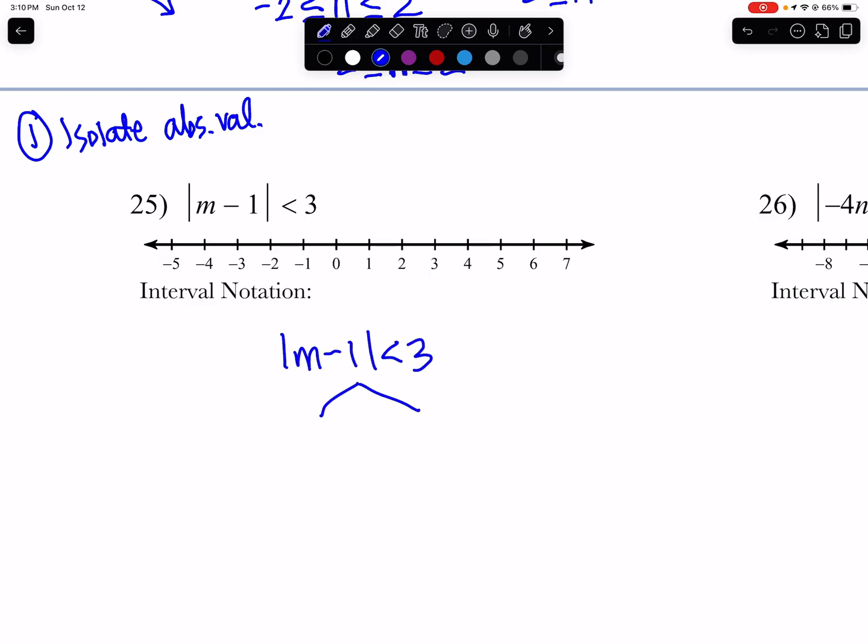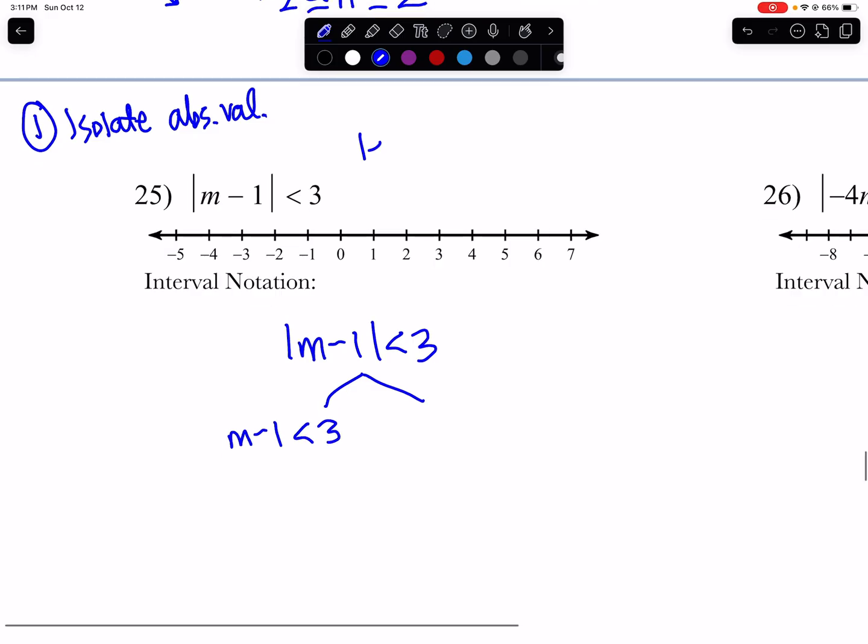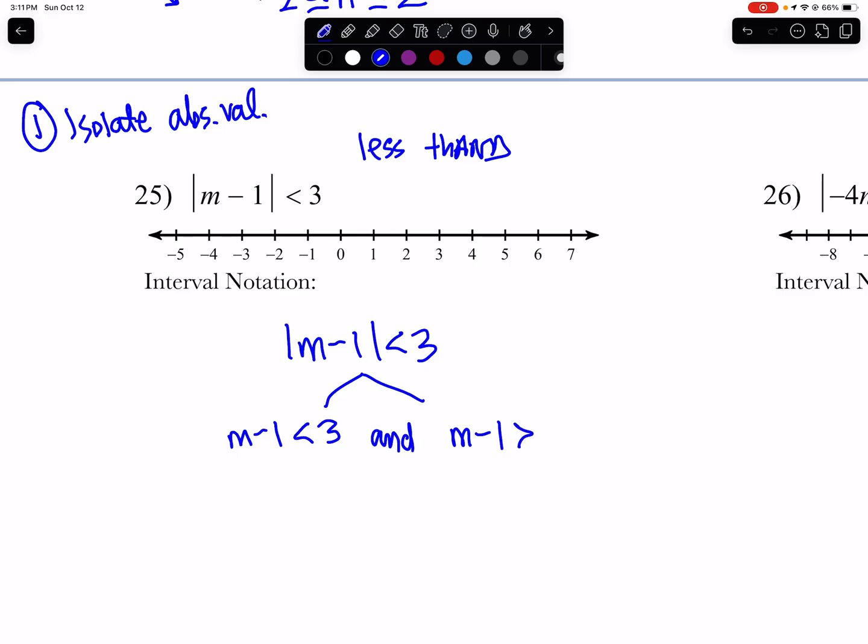So I'm going to split into m minus 1 less than 3. And then we have a less than sign. Less than. And then we'll do a keep and then a change the sign and change the sign.